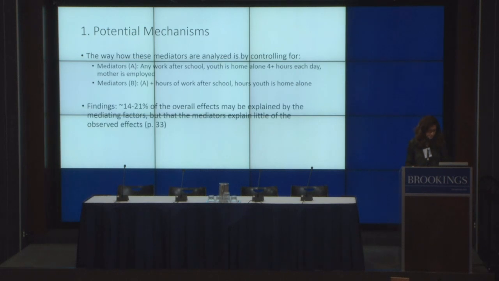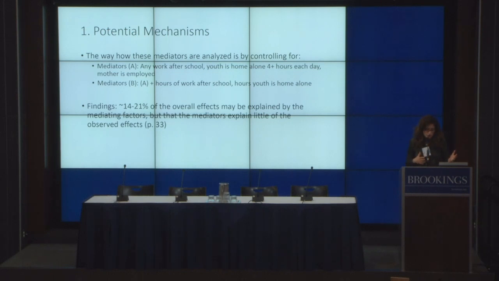the next generation. So the way they analyze these potential mechanisms is through a mediation exercise where they try to account in their main data set and main analysis specification for these potential pathways.